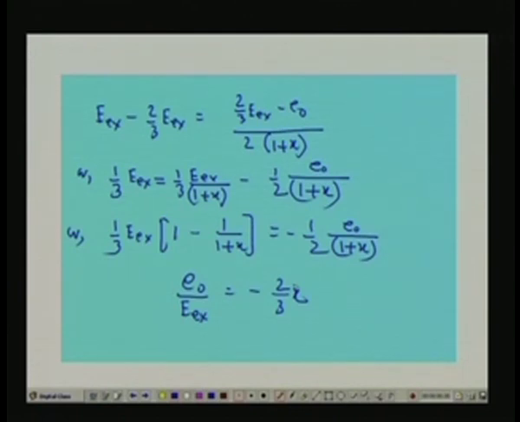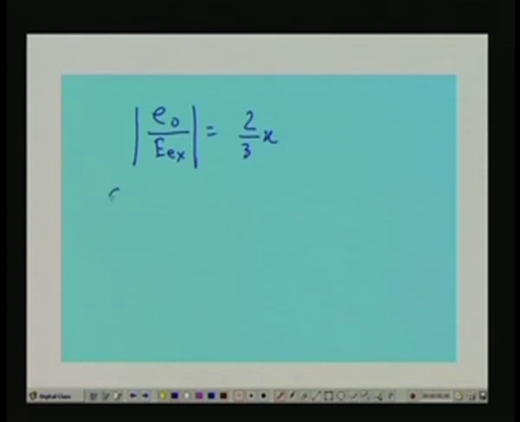If I take the mod, so it will look like, if I take a new page, so if I take mod of this Ex excitation equal to 2 by 3 x, right.